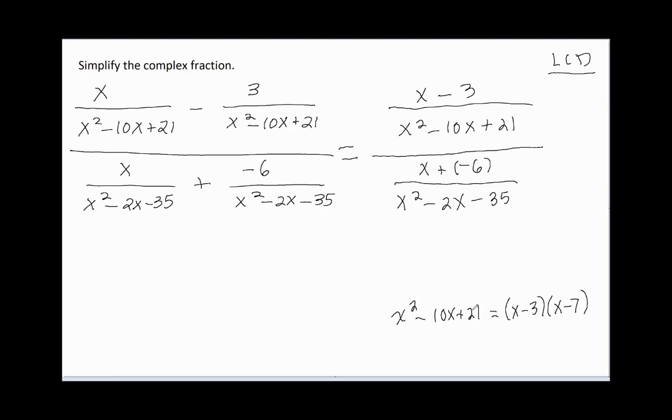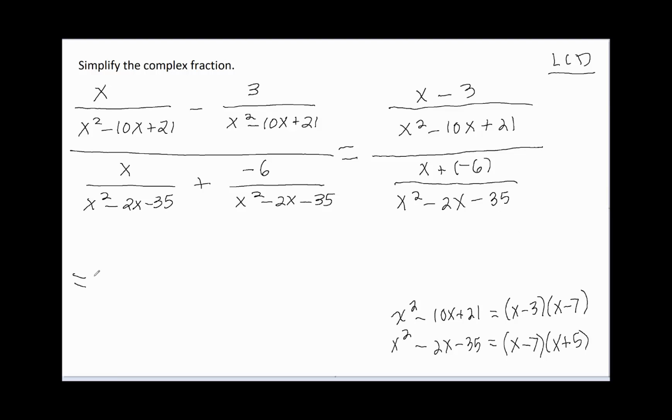Okay? Then my denominator, x squared minus 2x minus 35 will factor as x minus 7, x plus 5. So that's x minus 7, x plus 5 for this denominator.